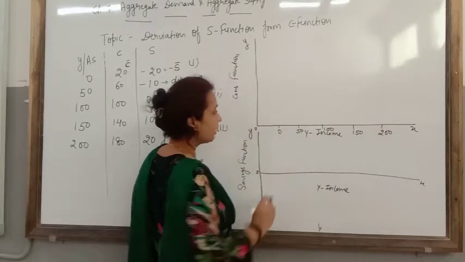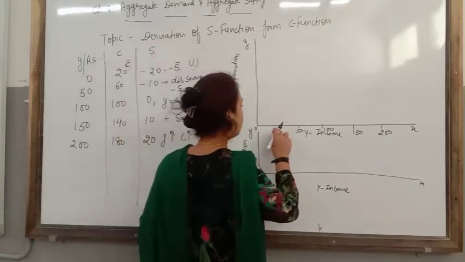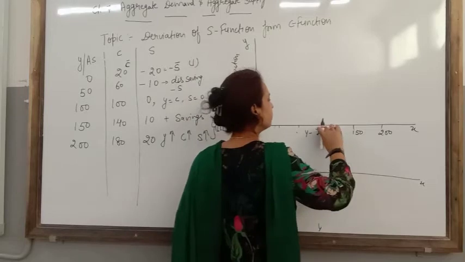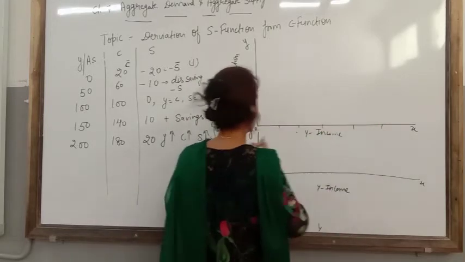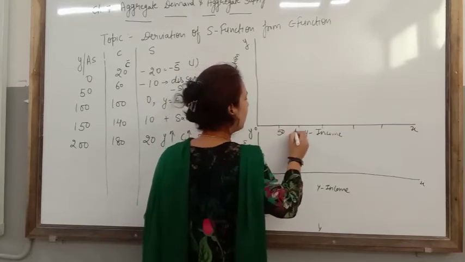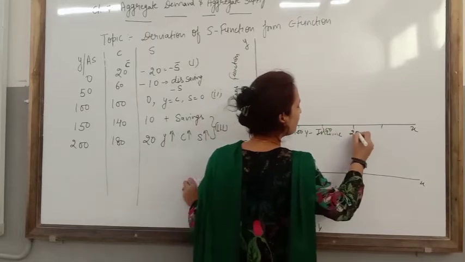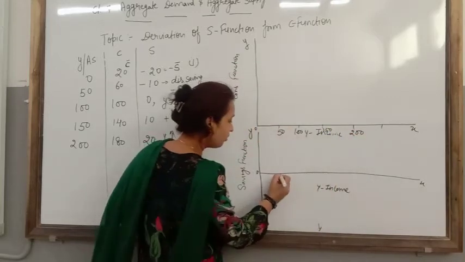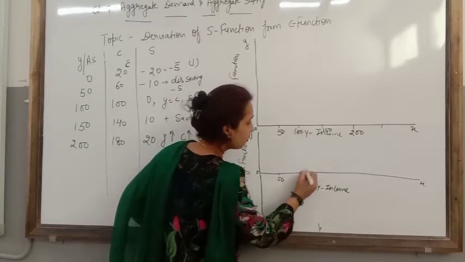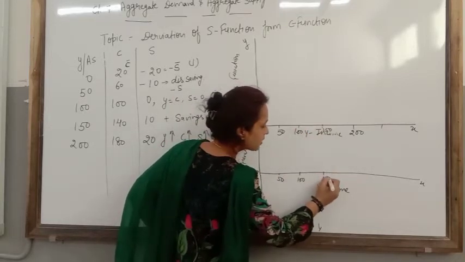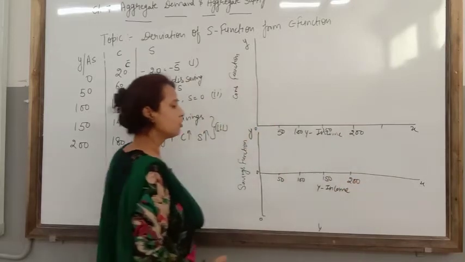If you are finding any kind of problem, then do it with your ruler. $50, $100, $150, $200. Clear? Same way you have to write 50, 100, 150 exactly below. If you want, you can use your scale.